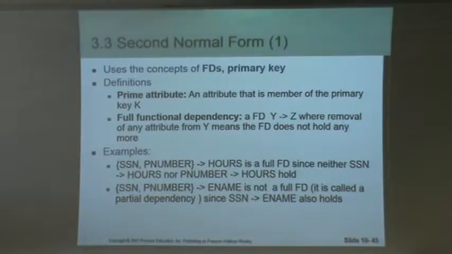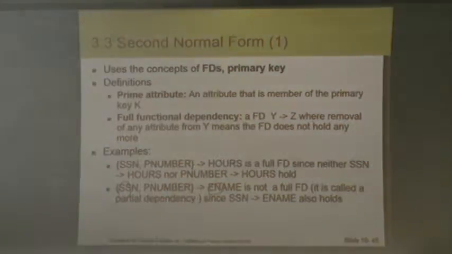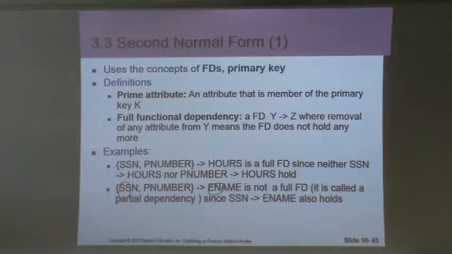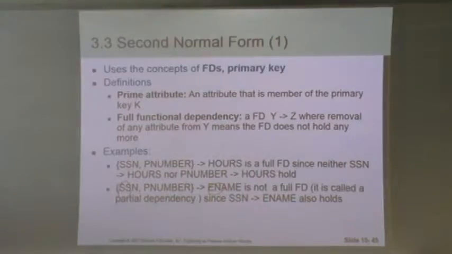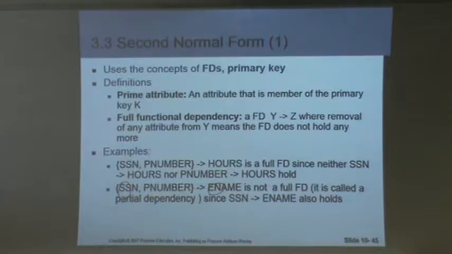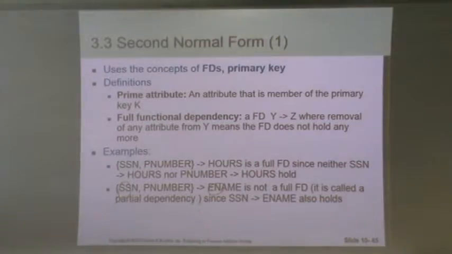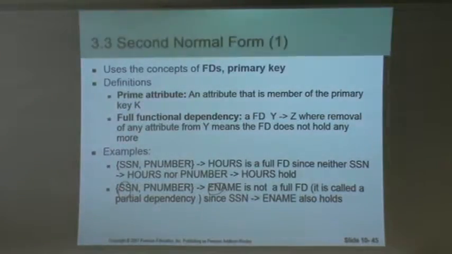No. The E name is determined by social security number only. This is called partial dependency. So the second normal form does not allow such a partial dependency. In other words, all prime attributes should be used to determine the non-prime attribute.